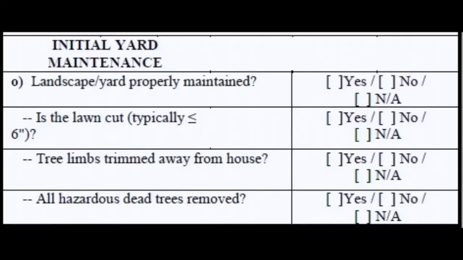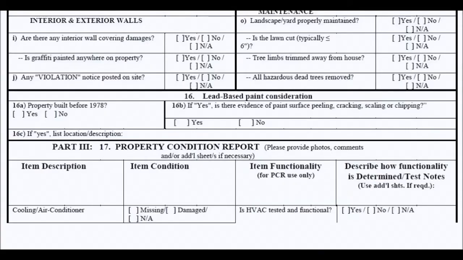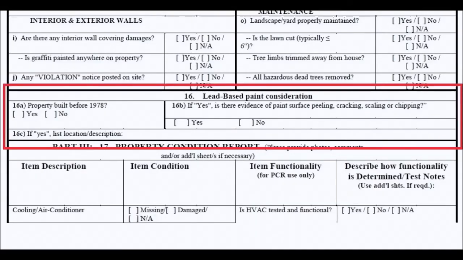Typically, you'll want to see the yard cut to no more than 6 inches. And you'll want to see that the tree limbs have been trimmed away from the house. If there are any dead trees that pose a hazard, let us know about that. Finally, if you see evidence of lead-based paint or any kind of paint surface peeling, cracking, scaling, or chipping, note it in the final question.